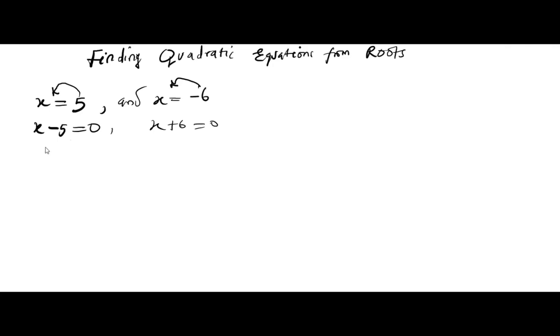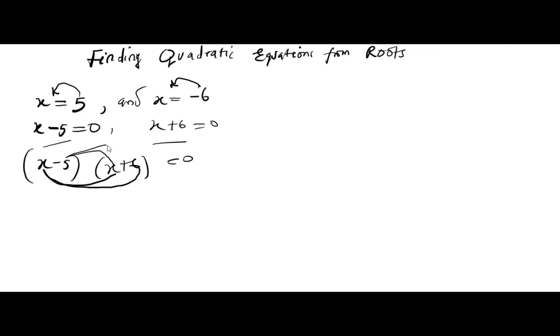Then you combine the two factors and multiply them out. You have x minus 5 times x plus 6 equals 0. These are binomials, so you multiply the two binomials. You use each term to multiply each term, and combine the terms.